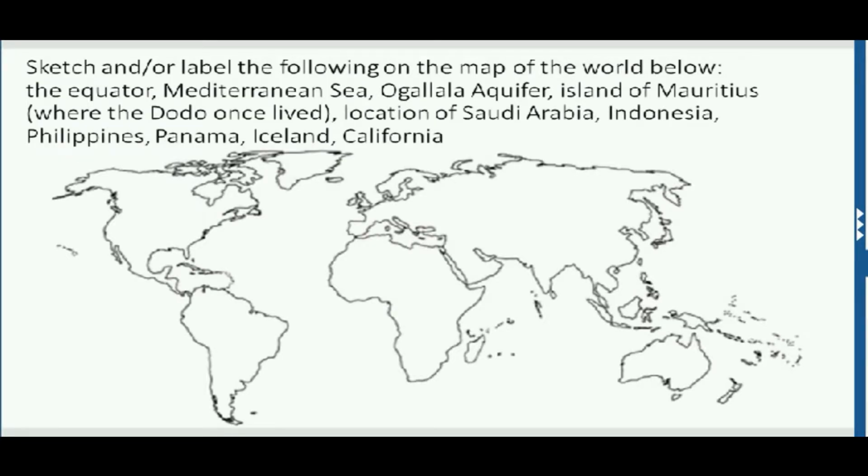Okay, sketch or label the following on the world map. Okay, the equator. I'm going to try my best to draw a straight line. I'm not really doing an excellent job of drawing a straight line. So that should be the equator.